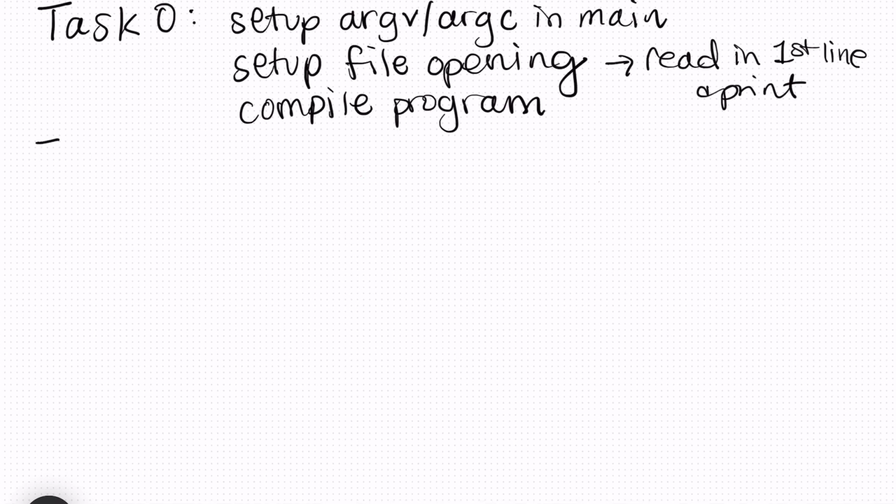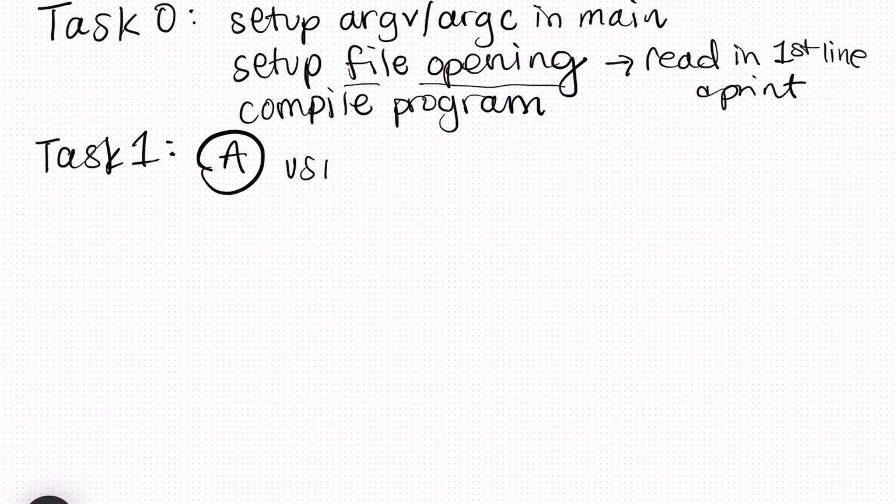Task 1 consists of, first, removing this testing that we talked about right here in the file opening, and actually read in the file the correct way. So don't just read in the first line and print, but we want to use file streams to open and read this particular file correctly.